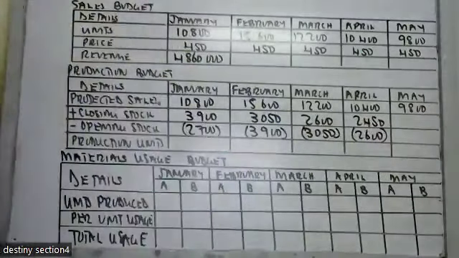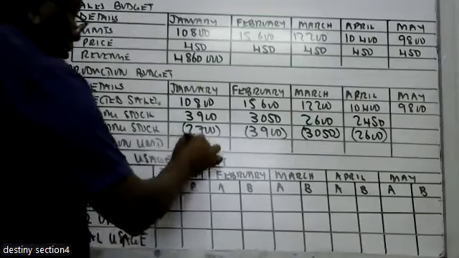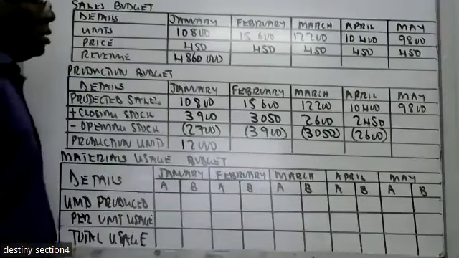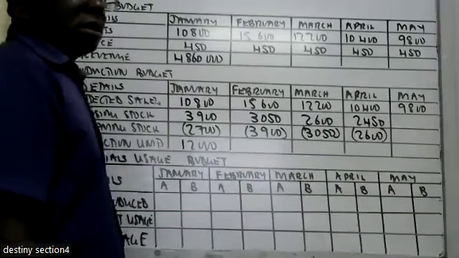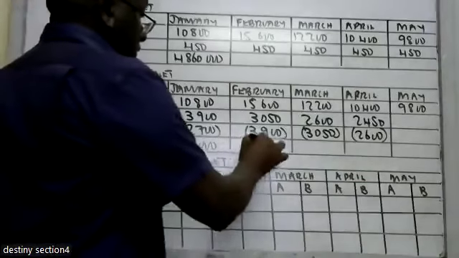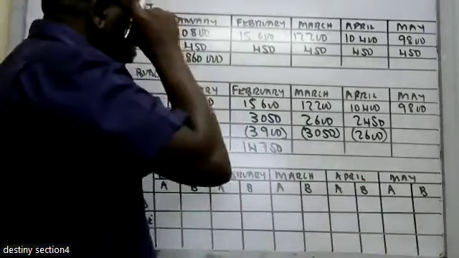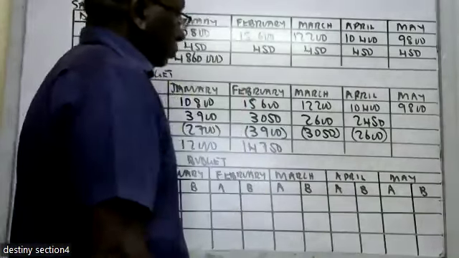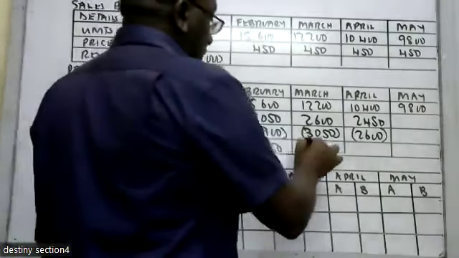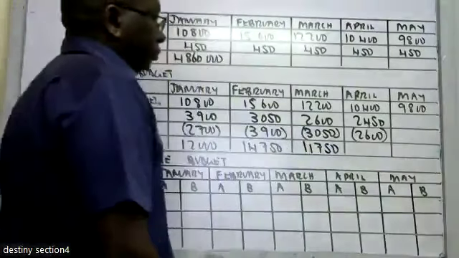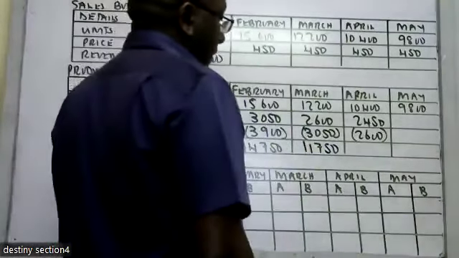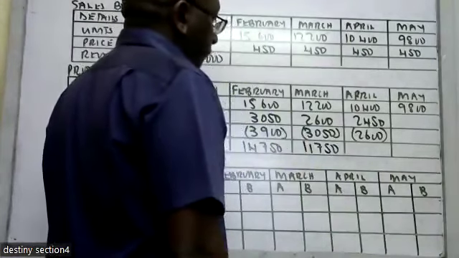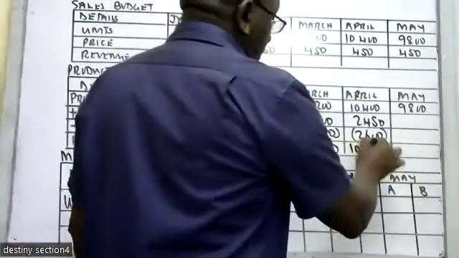Hii January. 12,000. 14,750. 11,750. 10,250.